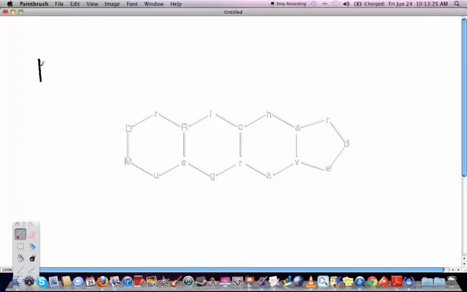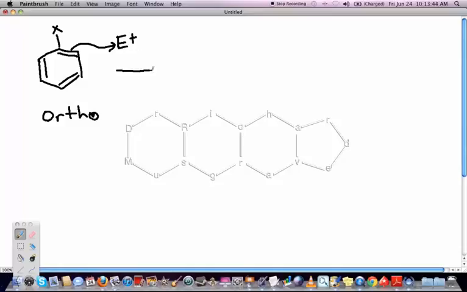Alright, so we've got our group attached to the aromatic ring. And we're going to attach an electrophile to that. And we will put the electrophile purposefully in the ortho position to begin with. Now if we want this in the ortho position, then this is the double bond that's going to have to attack.